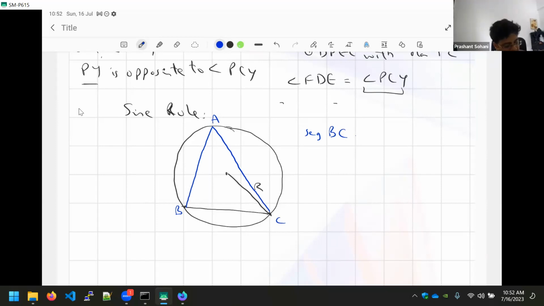So suppose I do this. Let me consider this line. Oh, sorry, not this line. I have considered the foot of the altitude from C to the opposite side, CF.